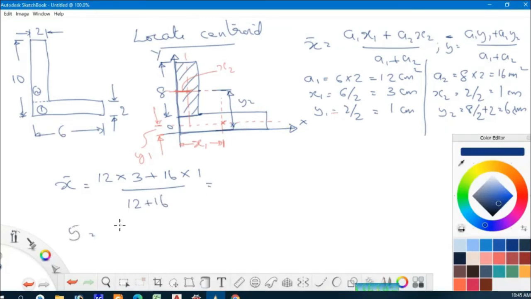And y bar is equal to, again, A1 y1 plus A2 y2 divided by A1 plus A2. That is A1, 12, into y1, 1, plus A2, 16, into y2, 6, divided by 12 plus 16. Okay? Any doubt?